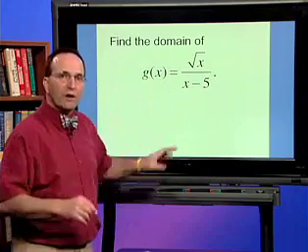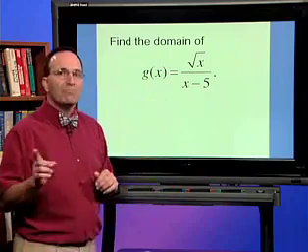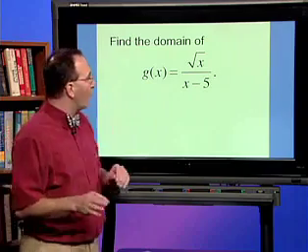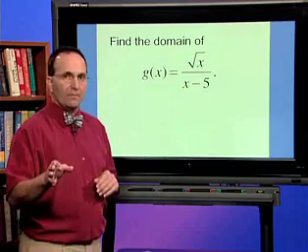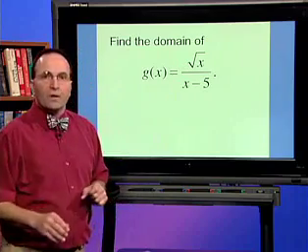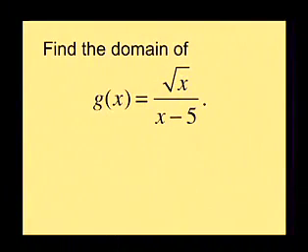Well, of course, the expression under the radical may not be negative. So therefore, x cannot be less than 0. What about the denominator? Well, the denominator, x minus 5, cannot equal 0, which means that x cannot equal 5.